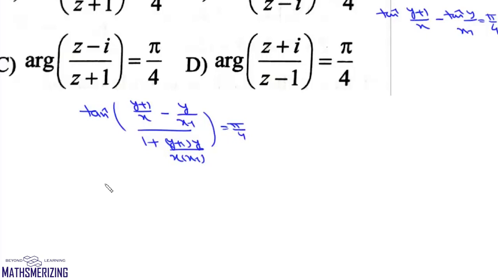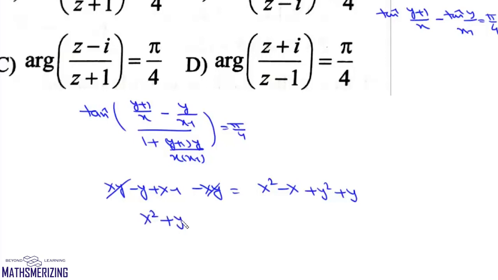We can write xy minus y plus x minus 1 minus xy and it will be equal to x square minus x plus y square plus y. Now this xy will cancel. We can write this as x square plus y square minus 2x plus 2y plus 1 equals 0.